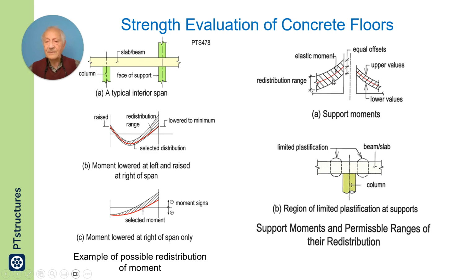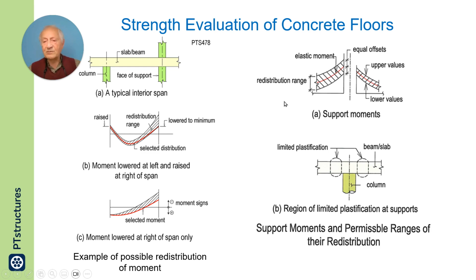You are permitted to raise the bending moment or lower it within a certain percentage of this magnitude, and the percentage is limited typically to 20%. When, obviously, you raise the bending moment here, you have to do so for the entire span.